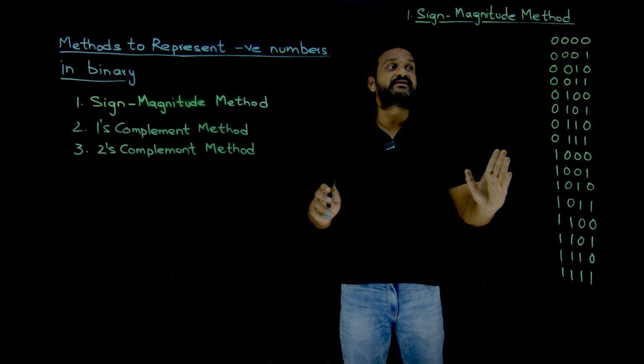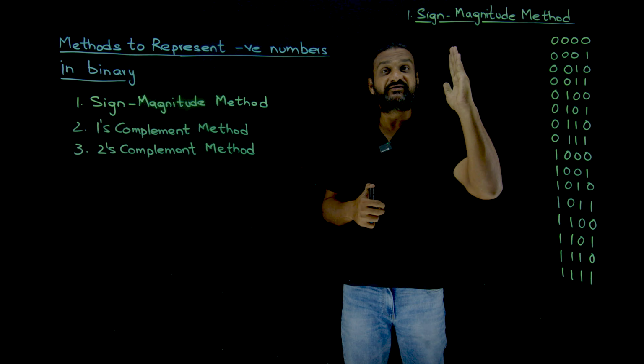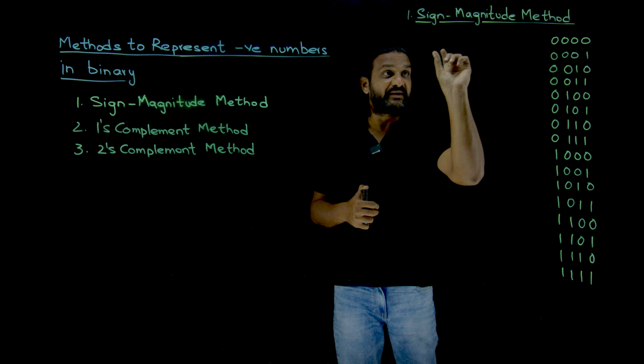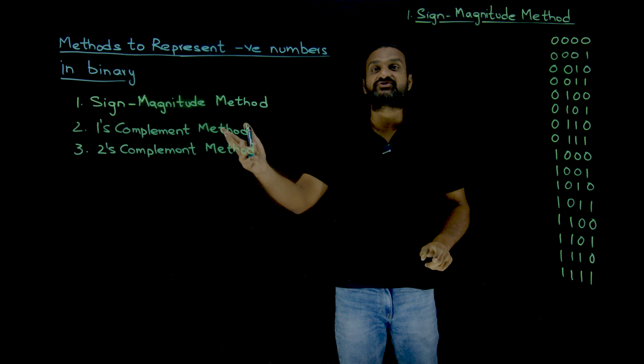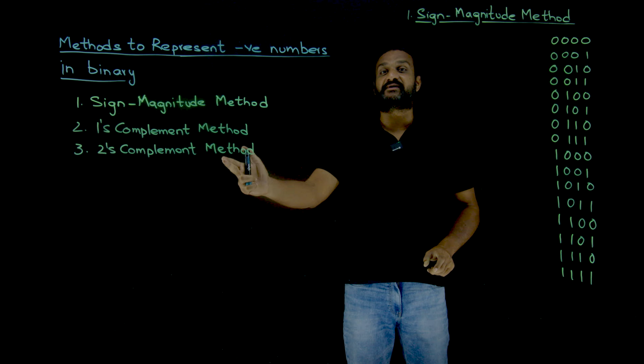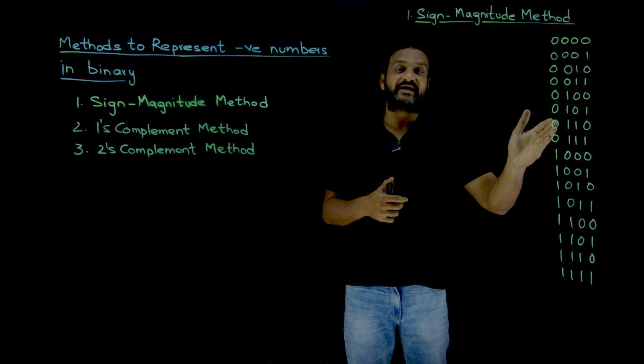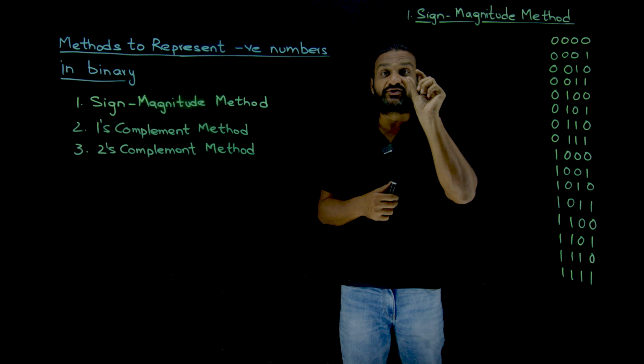Always remember that the leftmost significant bit is used for sign, whether it is sign magnitude, ones complement, or twos complement method. 0 is used for plus sign.